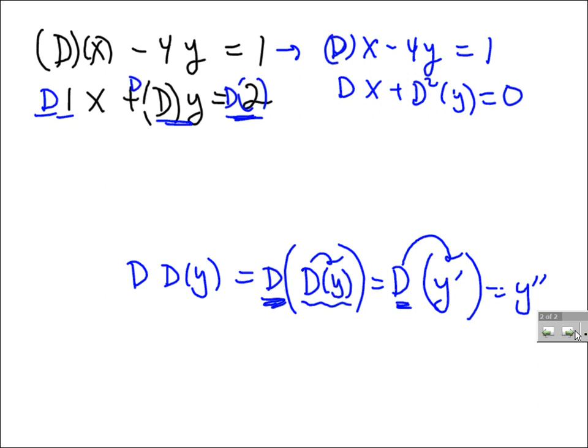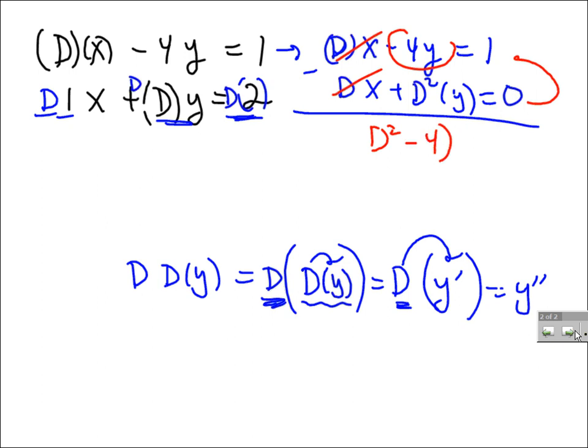Now, if I happen to subtract these, what's going to happen is this cancels. But I hate writing a negative term first. It's just my style. I just don't want to write a negative term first. So I'm going to do the bottom minus the top. So we have positive d squared y minus 4y.